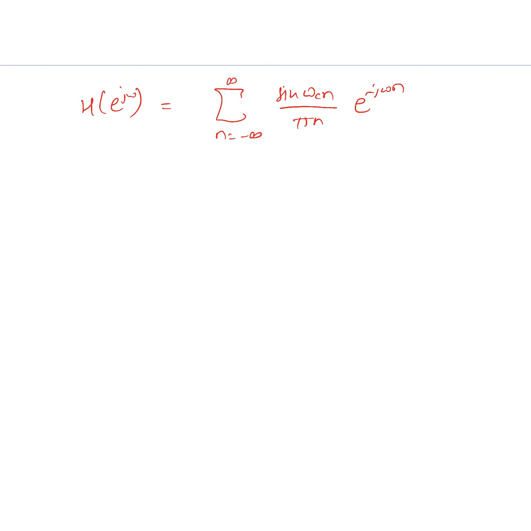So let's denote H_m(e^{jω}) as the sum for n ranging from minus m to m of sin(ω_c n) divided by pi n times e^{-jωn}. We shall see numerically what it means.